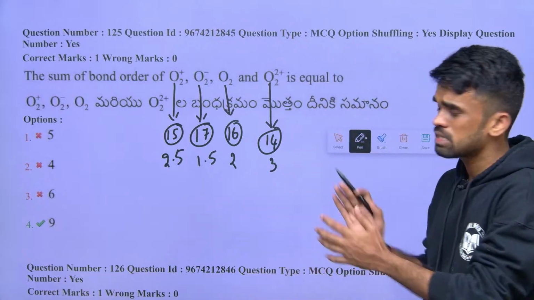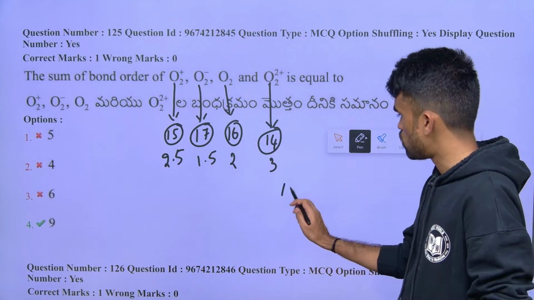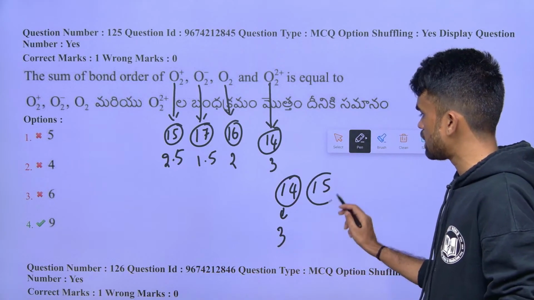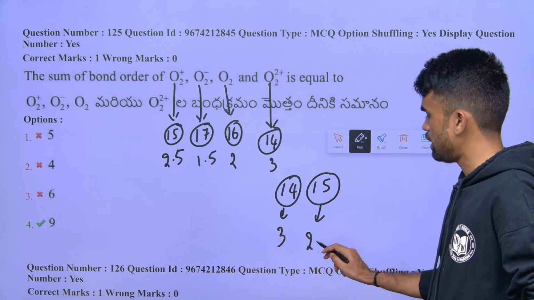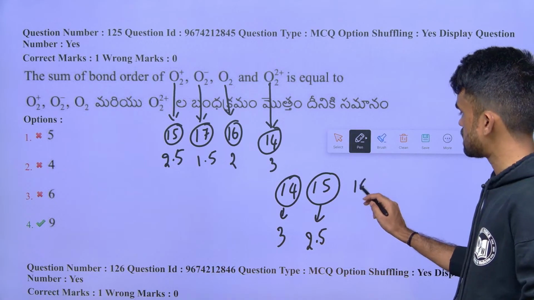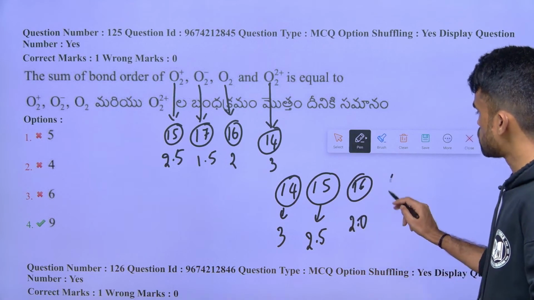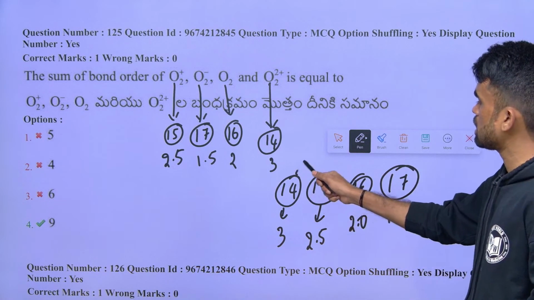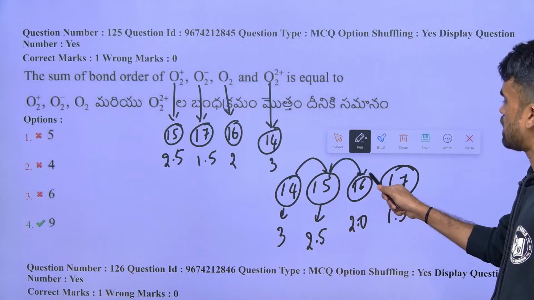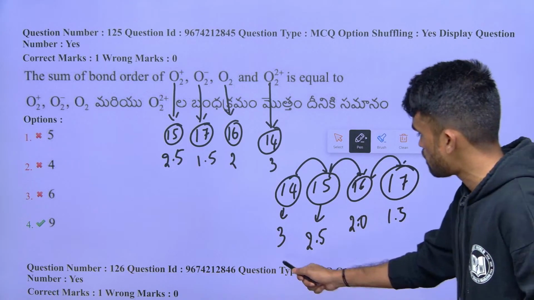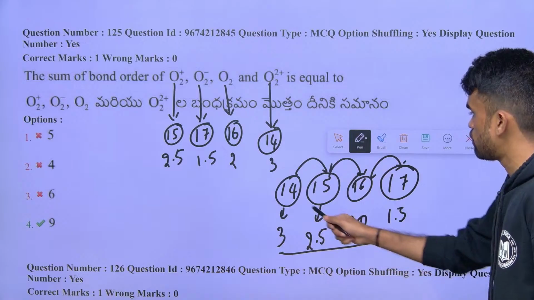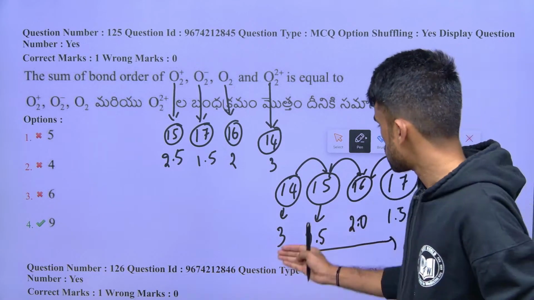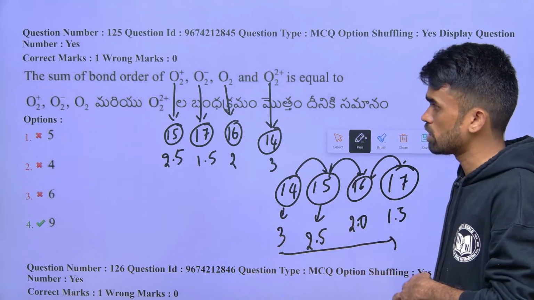If you observe properly, I kept the value as 3 for 14 electrons, decreased by half for 15, so it is 2.5, and for 16 it is 2.0, then 1.5. As the number of electrons increases from 14, the bond order decreases by half. This is the trick you can remember for MOT.